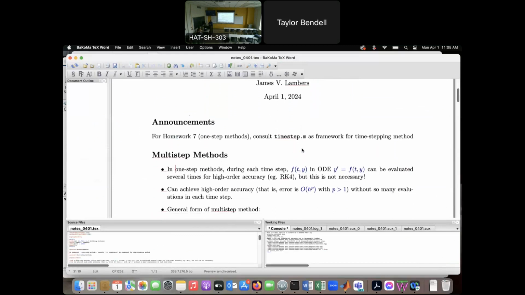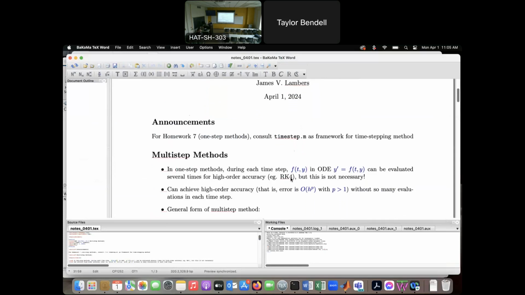One-step methods use information about the solution and its time derivative only between those 2 points in time. The way you get higher order accuracy using a one-step method, as I just showed you when covering Runge-Kutta methods, is you evaluate your time derivative f from your ODE y prime equals f several times. Like RK4, there are 4 stages, 4 evaluations of f.